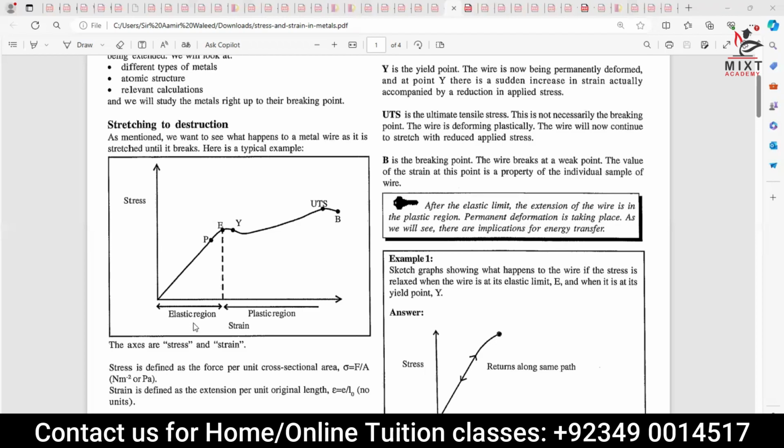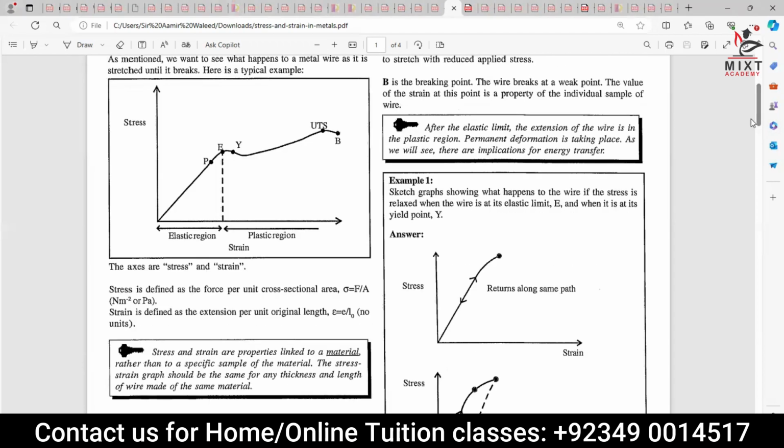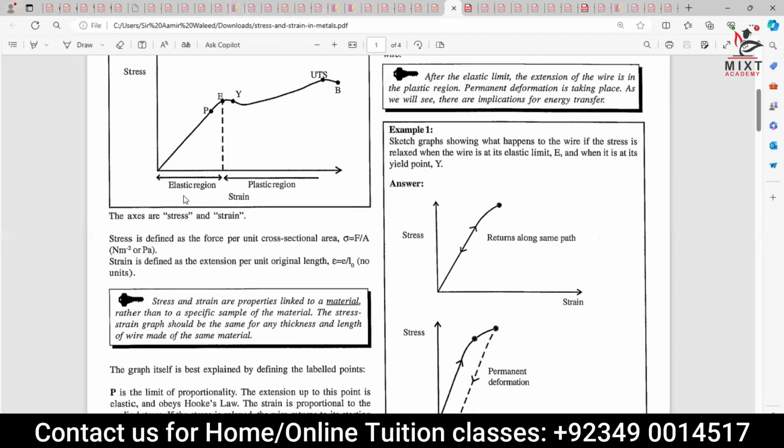So now, first of all, I want you to put a heading elastic limit. Now, what exactly is the elastic limit? Elastic limit is the point till when the stress is applied on an object, the object comes back to its original shape after the removal of the force applied. Then put a heading elastic region.